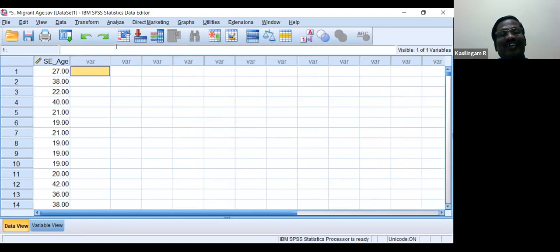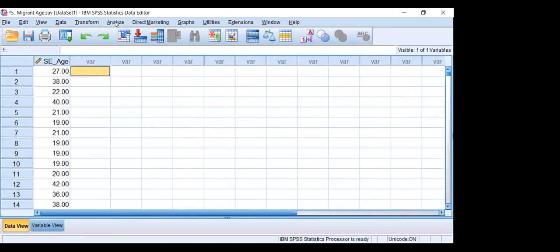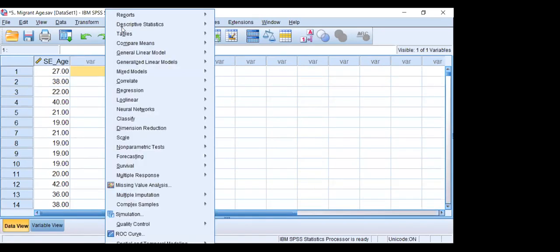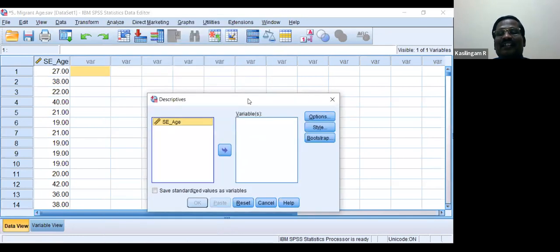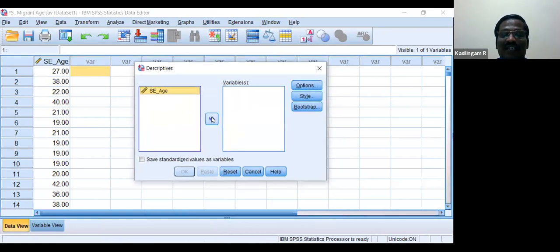Now what I am going to do is another method. Analyze, descriptive statistics, descriptives. Then I'm going to put that value here.